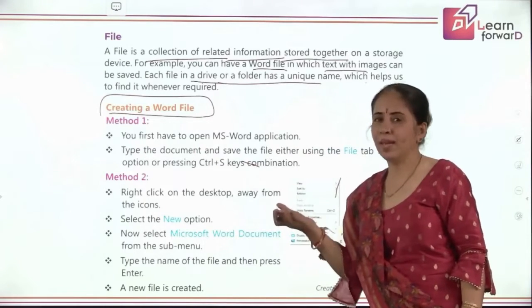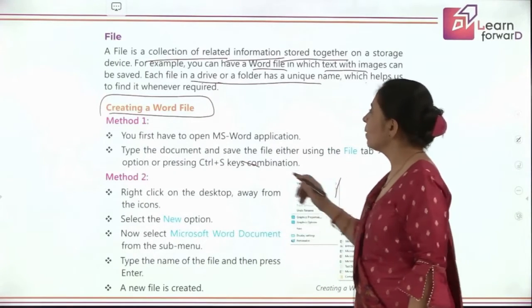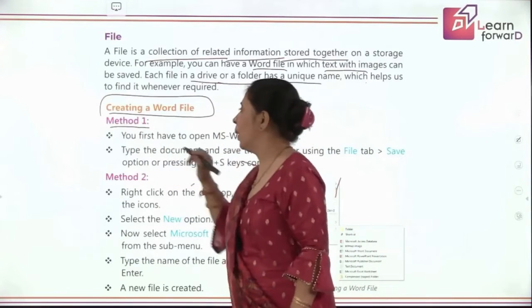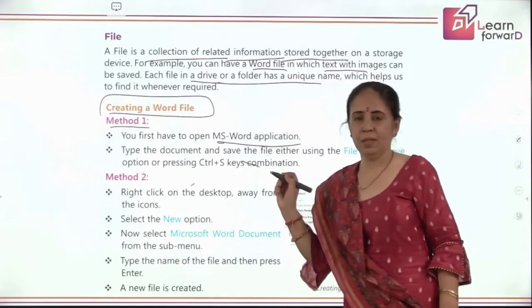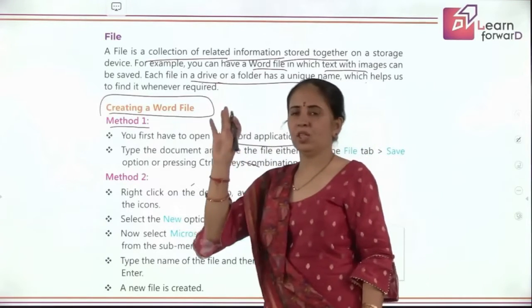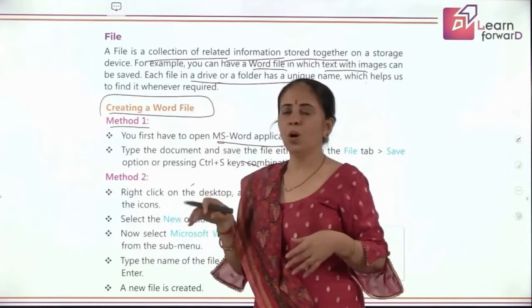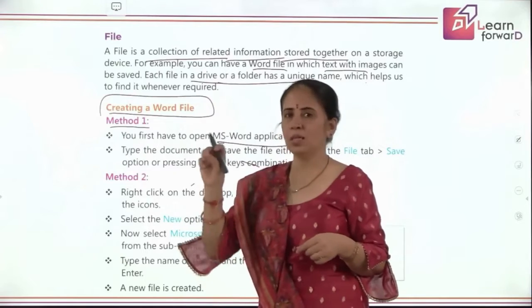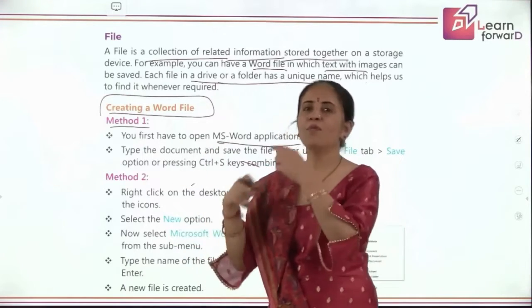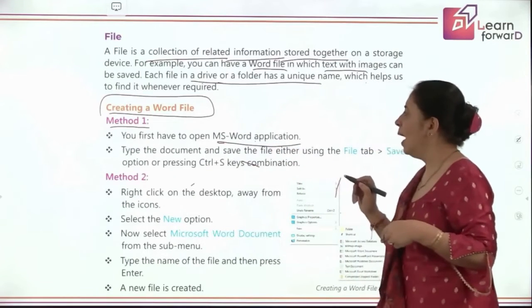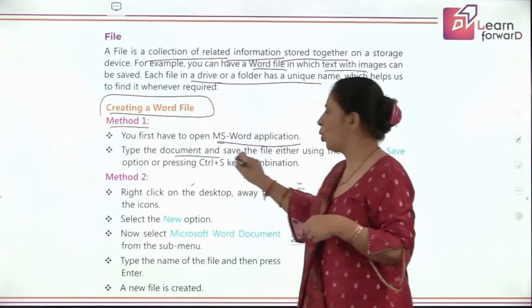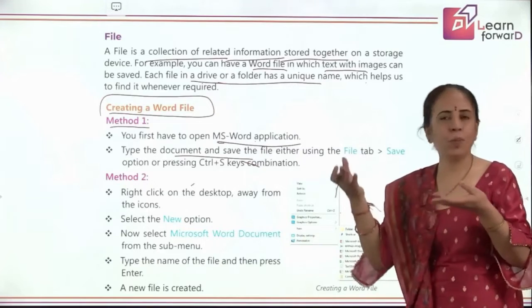Method one is, you go to the MS Word application. Just find MS Word on the desktop, or on the bottom left side click on the Start menu. You will find MS Word there. Click on the MS Word application and you will open a document.